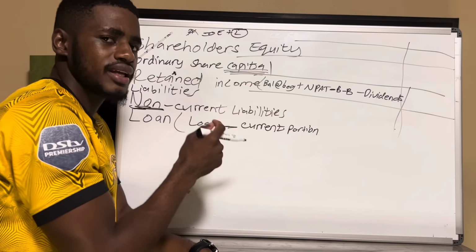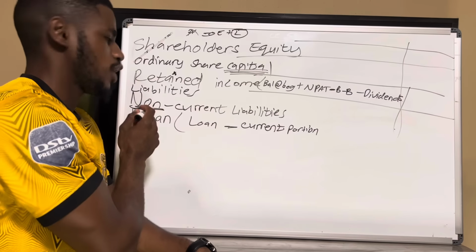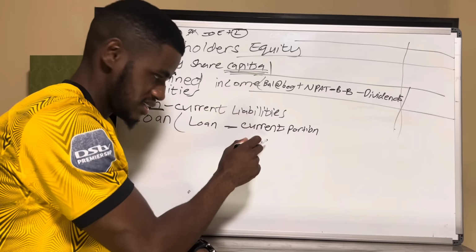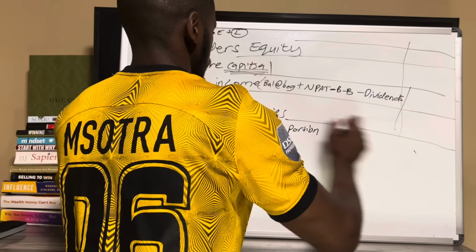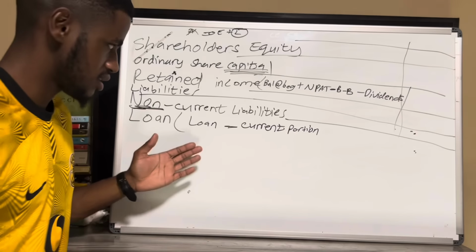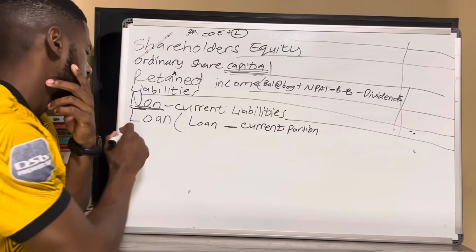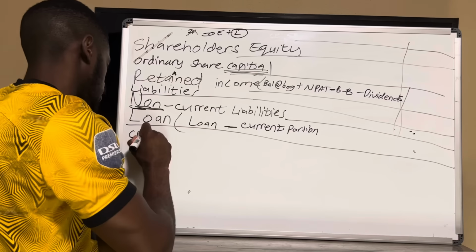So if you are now paying for this loan, it's no longer non-current, but it will go under current liabilities. Okay, so you get your answer for here. The answer for here will be the same as your answer for here, because our non-current liabilities is just going to be a loan mostly. Okay, then we have our current liabilities.